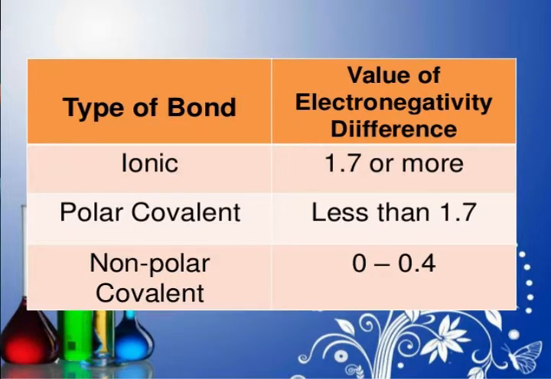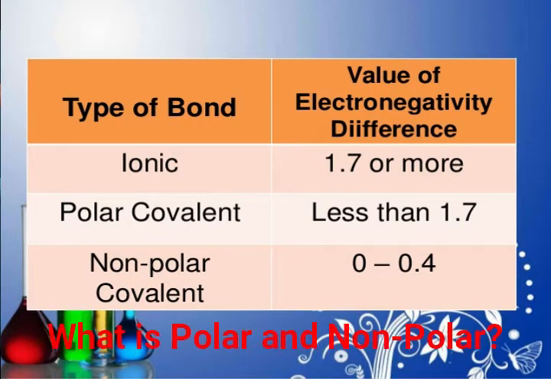You can say that the bond is ionic when the difference is 1.7 or more, and polar covalent when less than 1.7, and of course, you can say that it is non-polar covalent when it ranges from 0 to 0.4. But let's focus on polar covalent and non-polar covalent bonds.